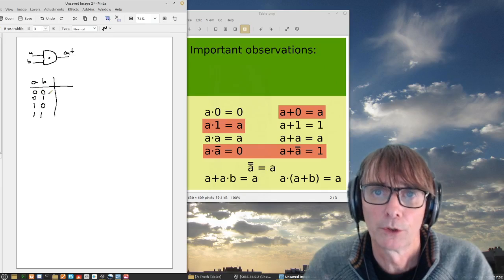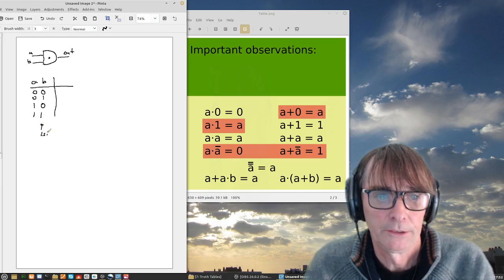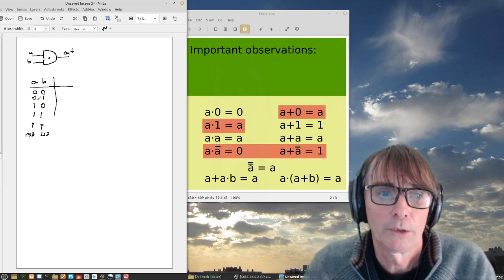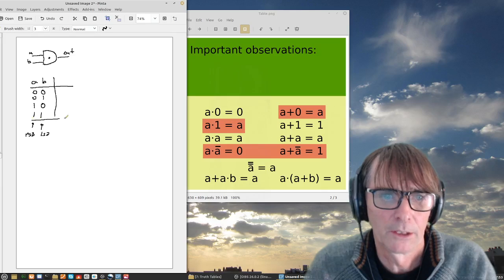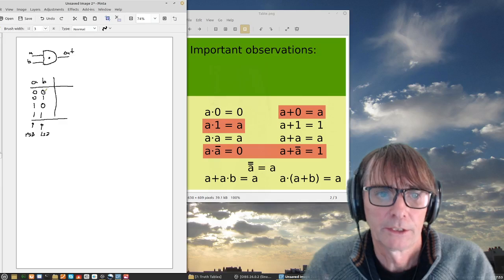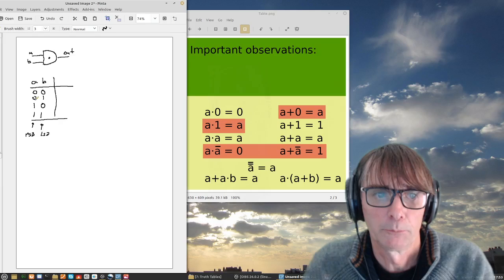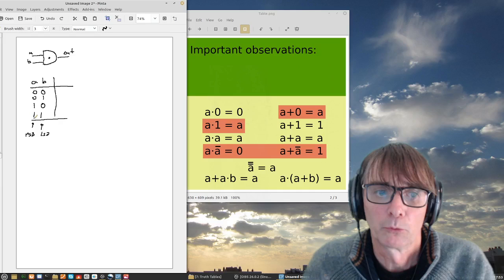And I write them in this order so that when I read this, I ascribe here the least significant digit and here the most significant digit or bit. So now it already reads like a number. I like the way this is done, so that this reads as 0 times 1 plus 0 times 2, 1 times 1 plus 0 times 2, 0 times 1 plus 1 times 2, 1 times 1 plus 1 times 2.